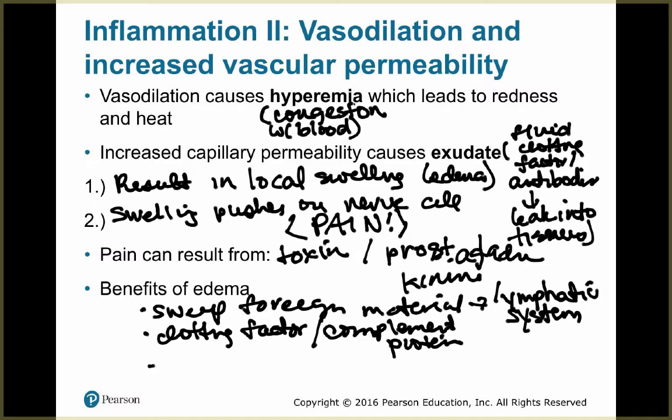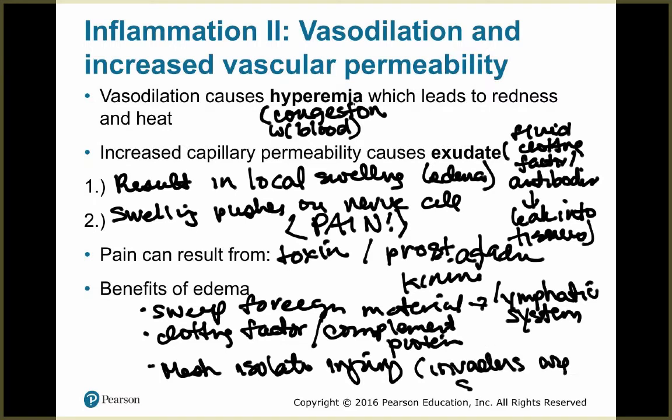Now, on top of this, once we have that mesh formed from fibrin, that mesh is going to isolate the injury. If it isolates the injury, the intruders are stuck. They can't go anywhere. So this is a big part of why edema in that area is so important.